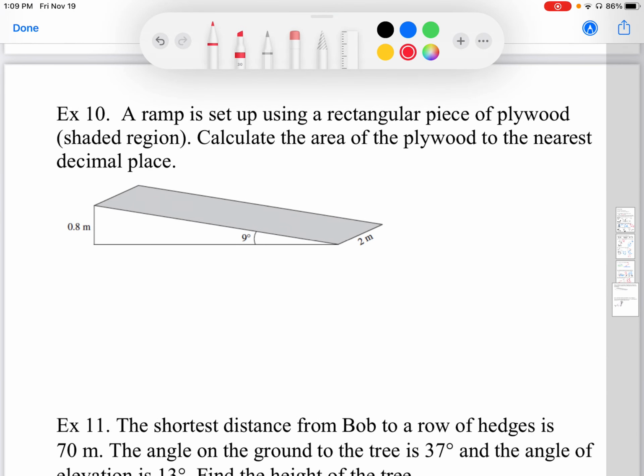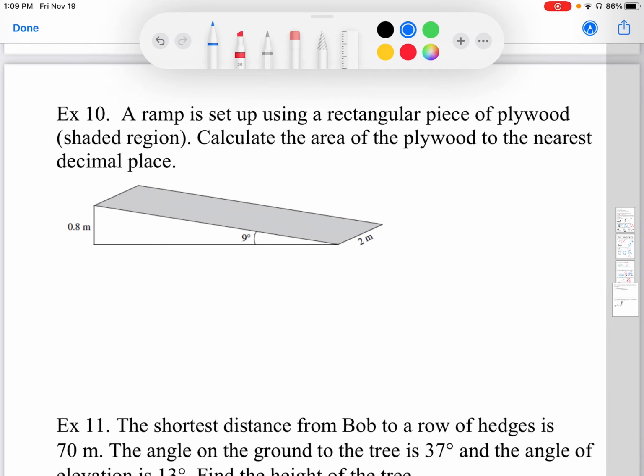Here we have another problem where we have a ramp. The angle given is 9 degrees, and we're looking at this height here of 0.8 meters.